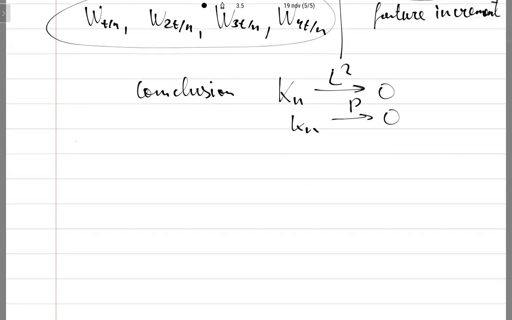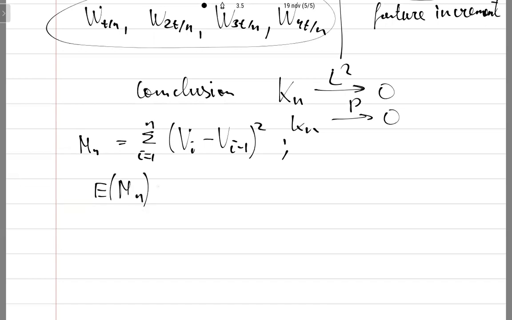Let's consider our second example, the sequence Mn. Mn is a sum of Vi minus Vi minus 1, squared. Once again, I need to calculate the expected value of Mn.